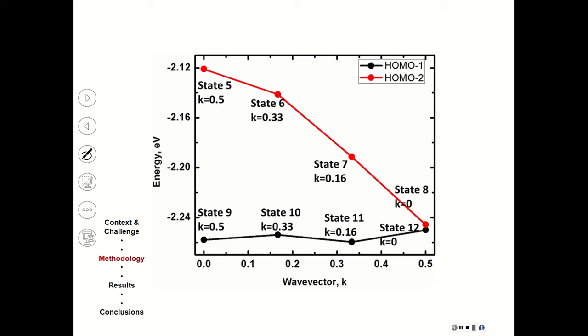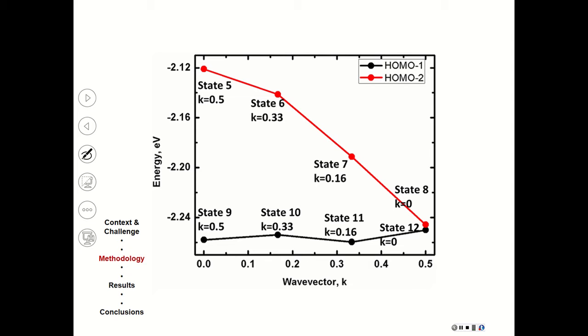My second question is, HOMO minus 1 is black, and that's lower in energy than HOMO minus 2, which, to my understanding, when you order the states, HOMO minus 1 should always be higher in energy than HOMO minus 2, unless you're in a diabatic state and doing dynamics and then it flips back and forth.